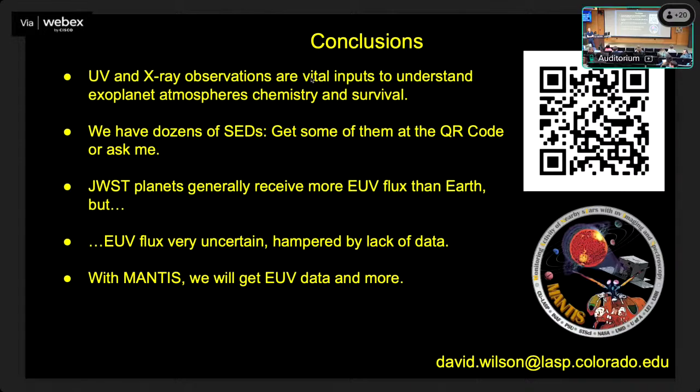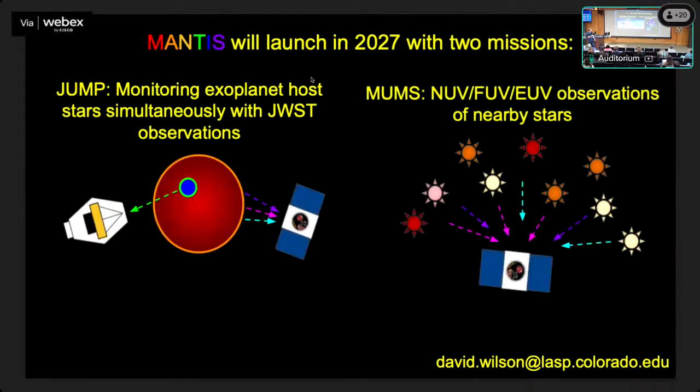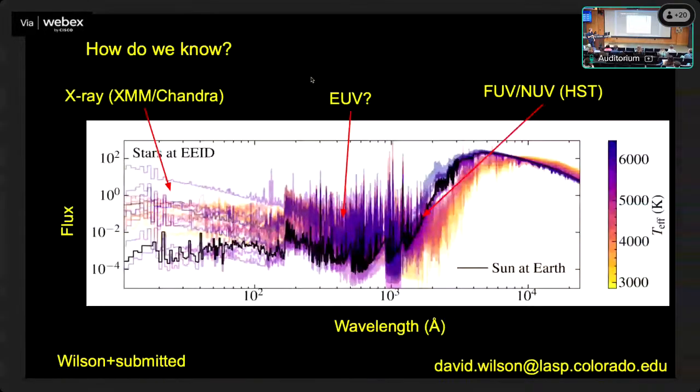Could you say a bit more about the JWST planets? Generally, we see more EUV flux than Earth. Again, with the huge caveat that it's tricky to measure the planets, but here's all of them against Earth in the habitable zone, and this is Sun at Earth, and you can just see in general they're higher.